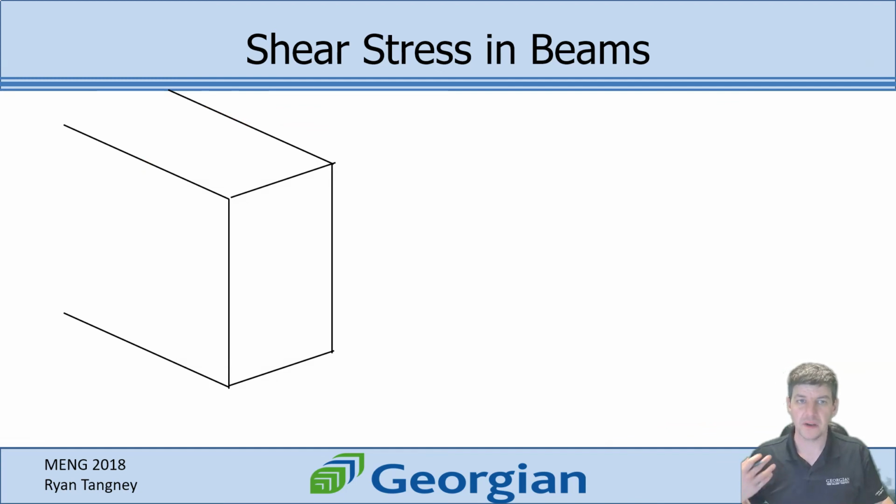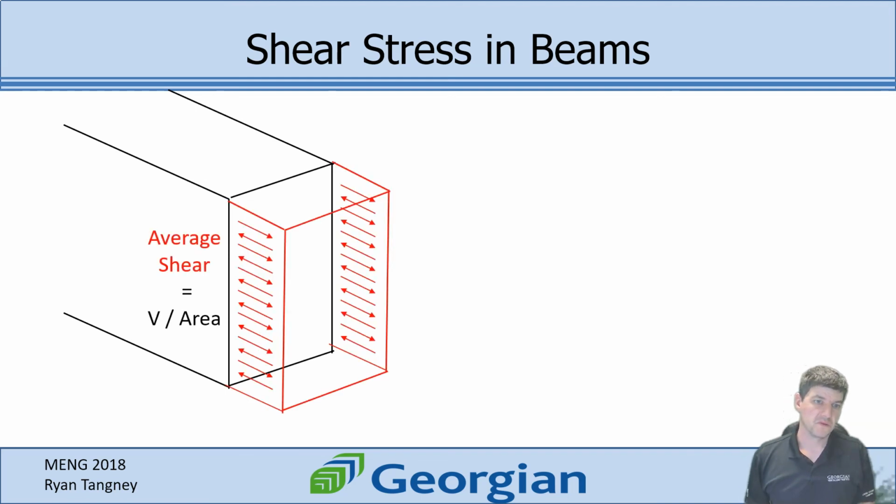When we calculated V, that was a measure of us trying to find our shear. And often when we talk about shear, we say shear is going to be our force divided by area. And so that would provide us with an average shear. And that's not entirely true what happens in this system.